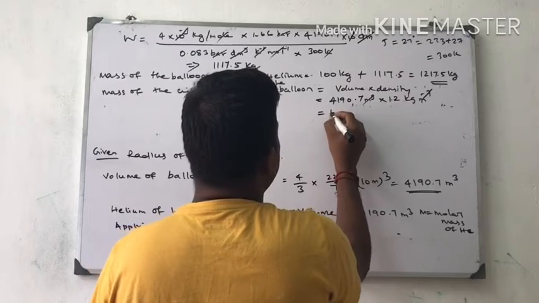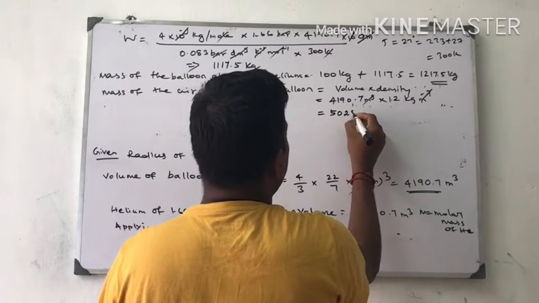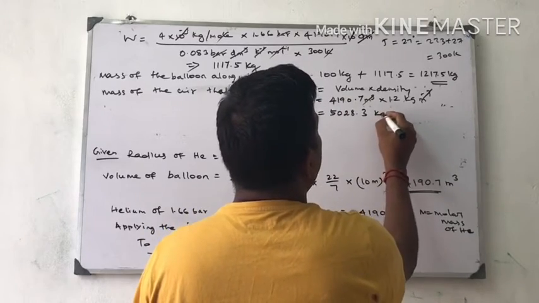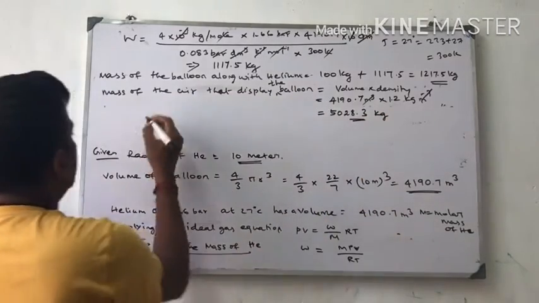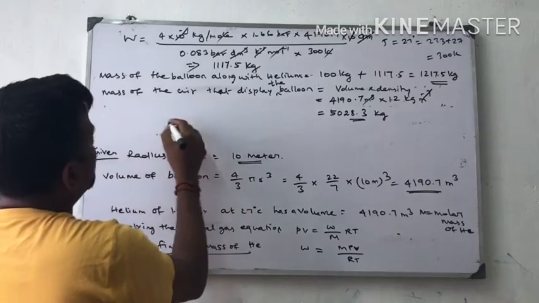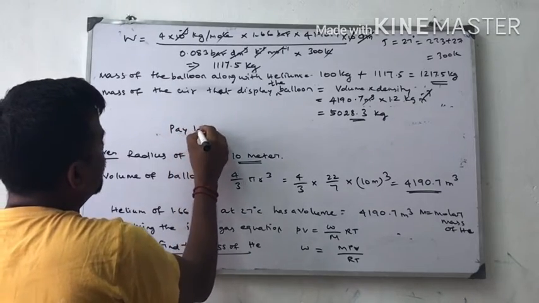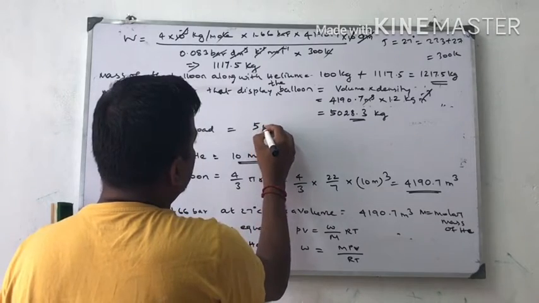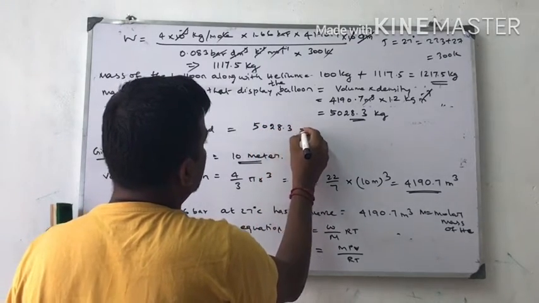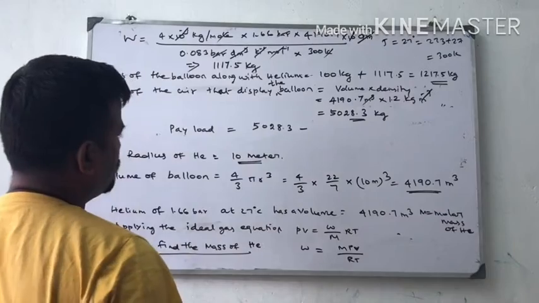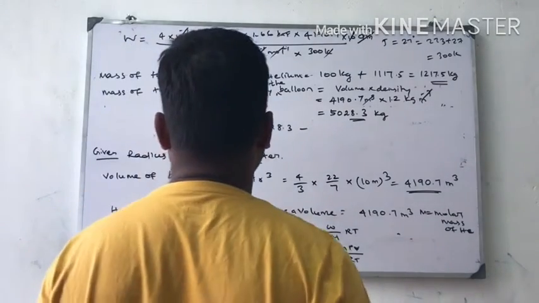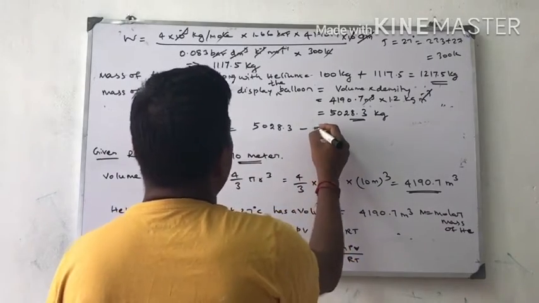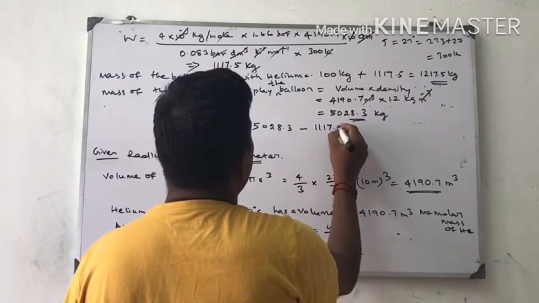On simplifying this, we get the answer of 5028.3 kilogram. Then payload is equal to 5028.3 minus 1117.5.